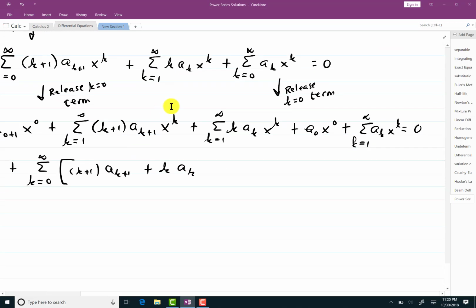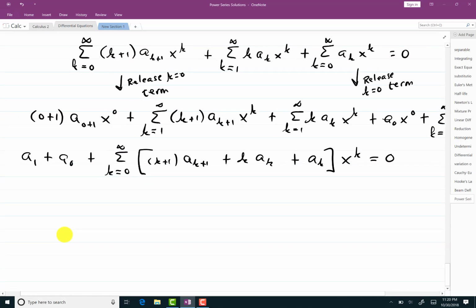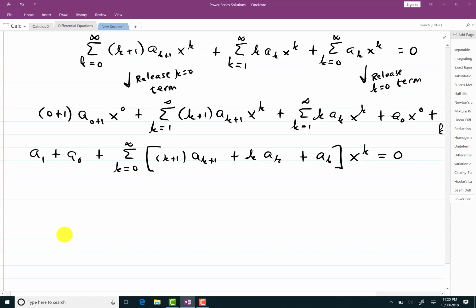I'm grabbing these here, k plus 1, a sub k plus 1, that's right there. Then k, a sub k, that's right there. And then I'll have plus a sub k. And of course, all of that makes up the coefficient of x to the k. So you can see it's a little bit simpler now. You can even go a little bit further.